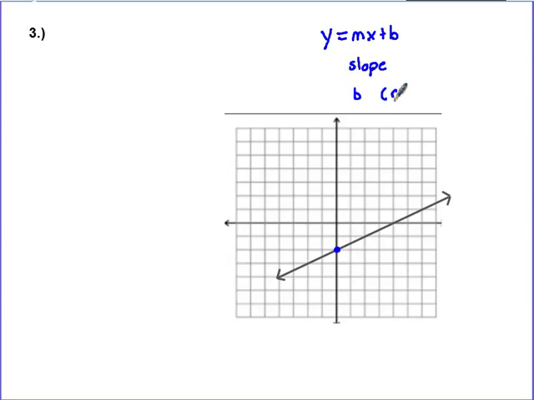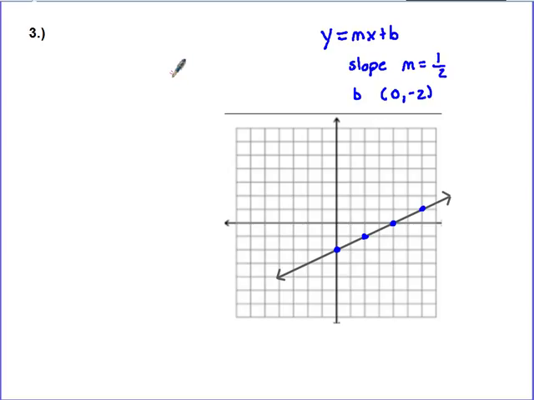So the y-intercept here is 0, negative 2. To get the slope, pick 2 good points, and the line is rising, so we're going up 1 over 2. Up 1 over 2, up 1 over 2. So now I have all the pieces I need to write the equation.